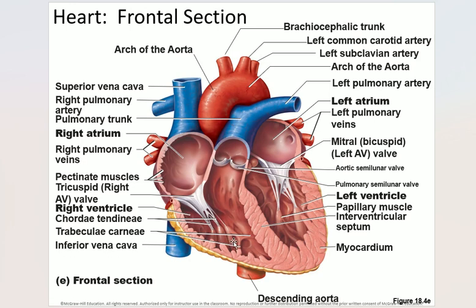Trabeculae carneae is the lining inside of the ventricles, and that helps strengthen the walls of the heart. And then conversely, inside the wall of the atrium are our pectinate muscles. And then what else do we have left? Last thing is going to be our interventricular septum, right here in the middle.